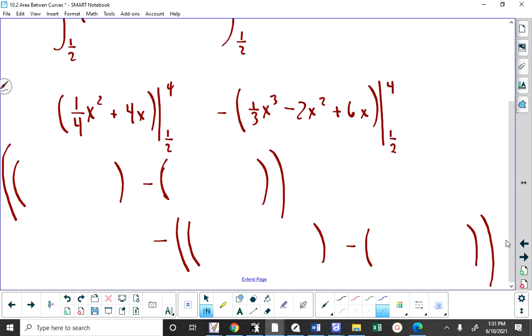A lot of numbers. So evaluating just this would be 1/4 times 4 squared plus 4 times 4 minus 1/4 times 1/2 squared plus 4 times 1/2.